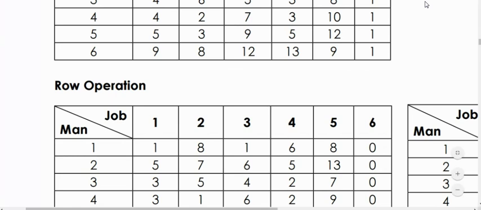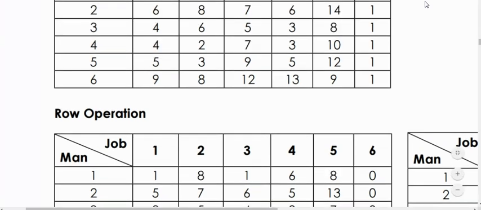Similarly, you are now required to find row 2. In row 2, which is the minimum number? Again 1. So 6 minus 1, 5. 8 minus 1, 7. 7 minus 1, 6. 6 minus 1, 5. 14 minus 1, 13. 1 minus 1, 0.